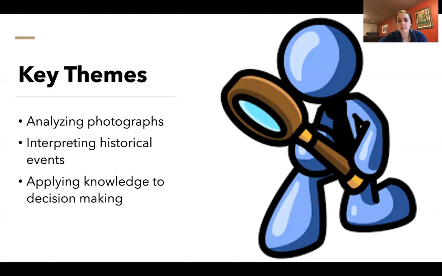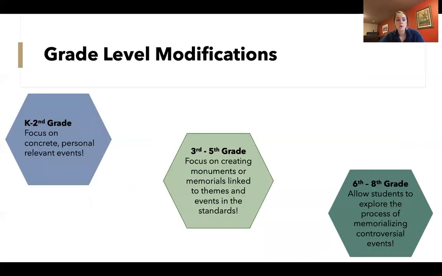So how does this look for grade levels? Kindergarten through second grade focuses on concrete, personal, relevant events. What's happening in the community? Are there any monuments within the town that you live that your students can really relate to? For third through fifth grade, focusing on creating monuments and memorials linked to themes and events in the standards.